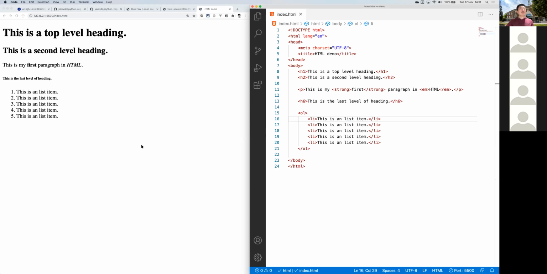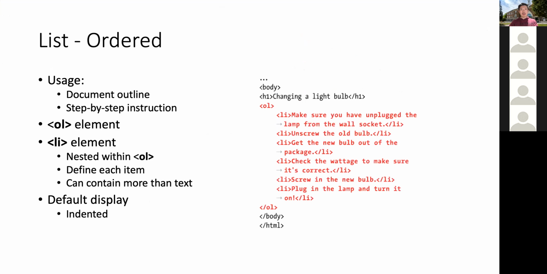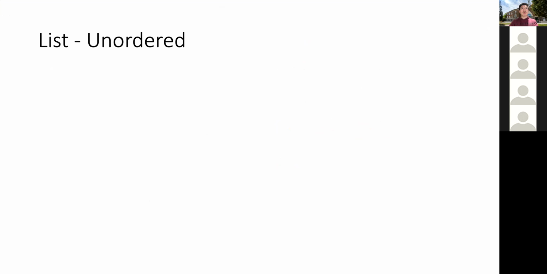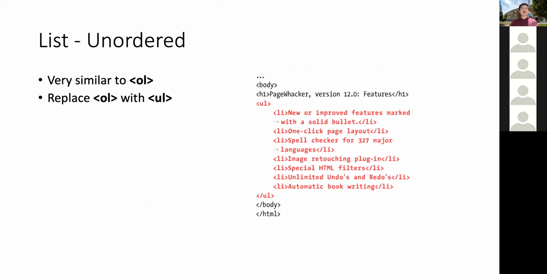So now we have a list which has the number automatically generated, and each item can have some text, which will be whatever text you put in between the li element.